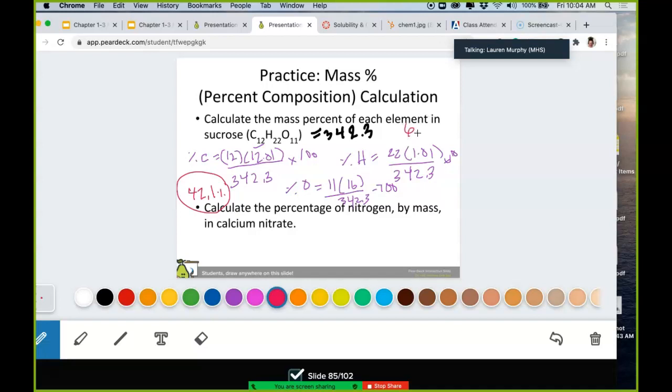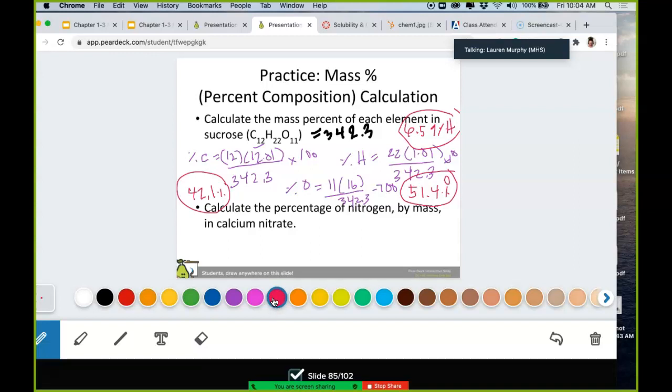It's 6.59% hydrogen. And it's 51.4% oxygen.